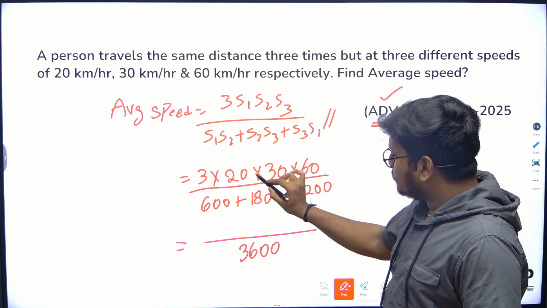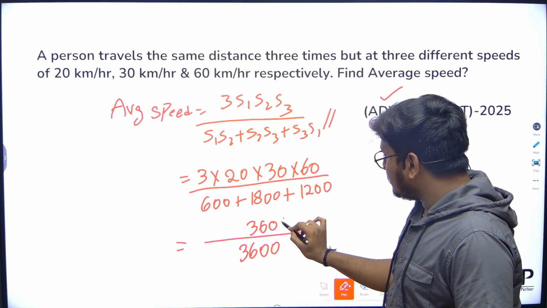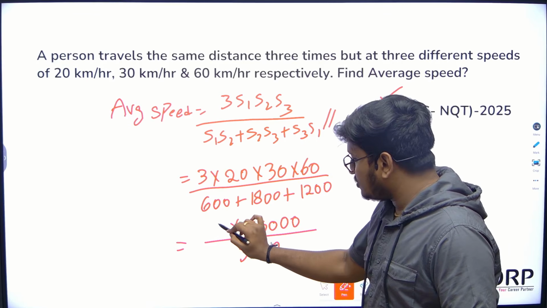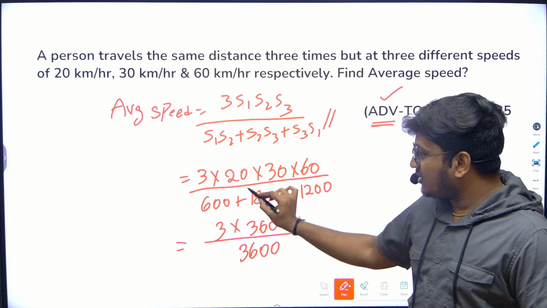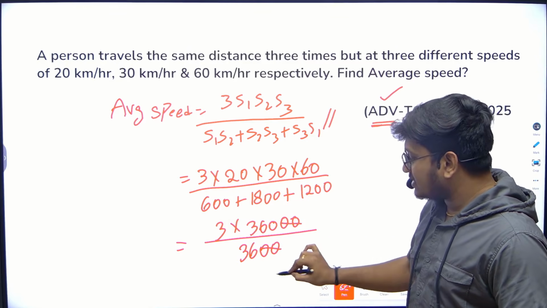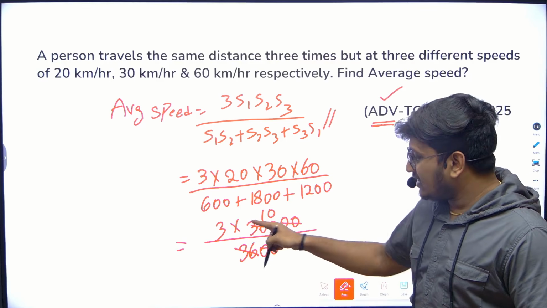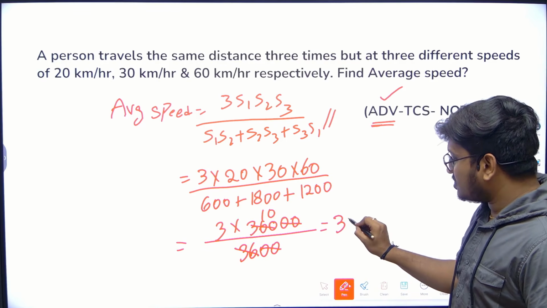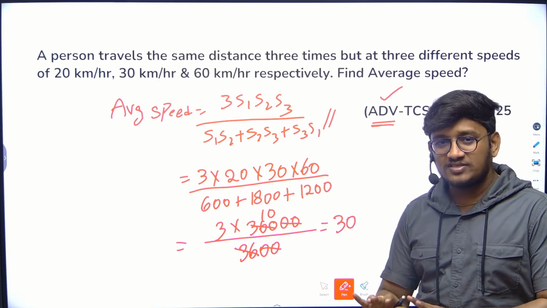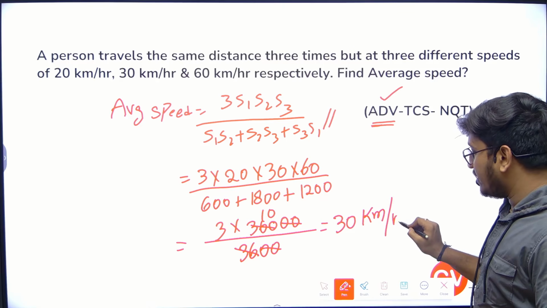The numerator is 36,000 into 3, I multiplied all these values to get 36,000. Here two zeros get cancelled. 36 ones are 36, 10 times is 360, and 10 times 3 is 30. So you just need to substitute and do basic additions and multiplications. That's it. The final answer is 30 kilometers per hour.